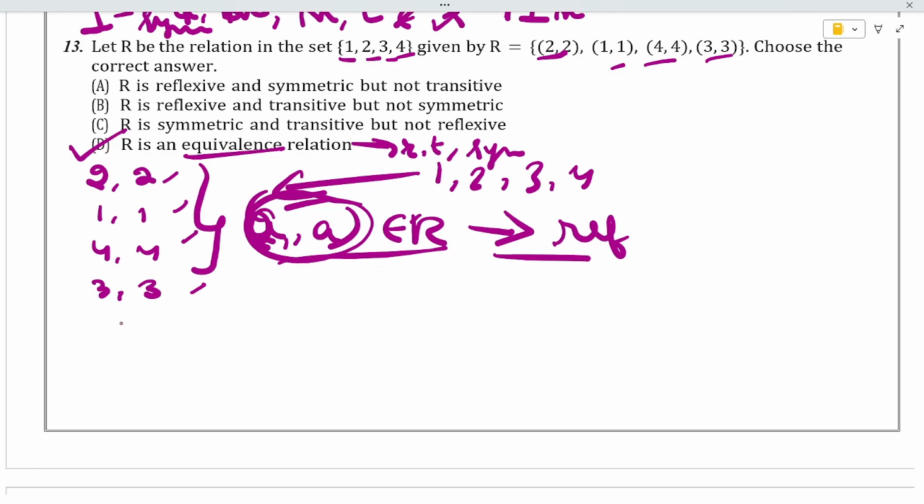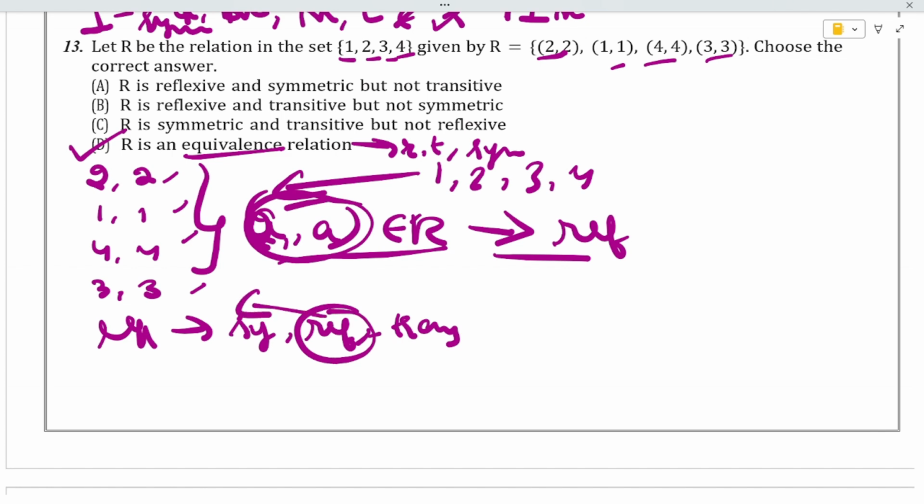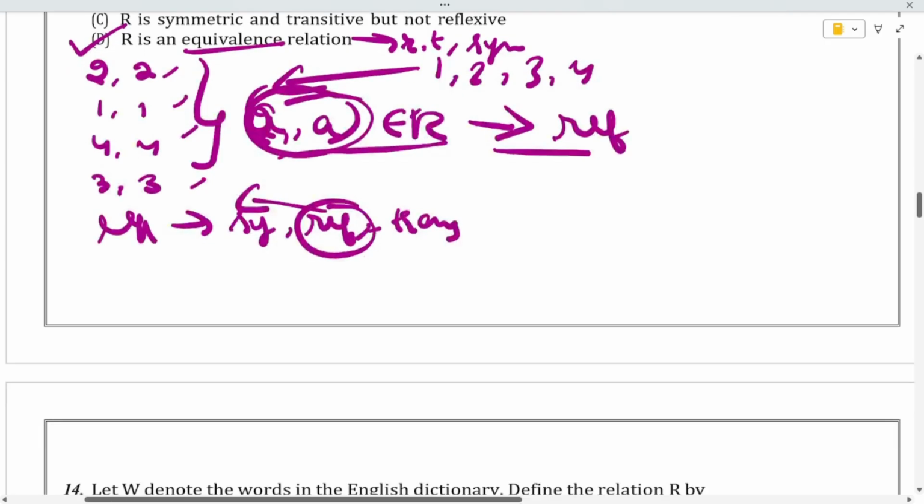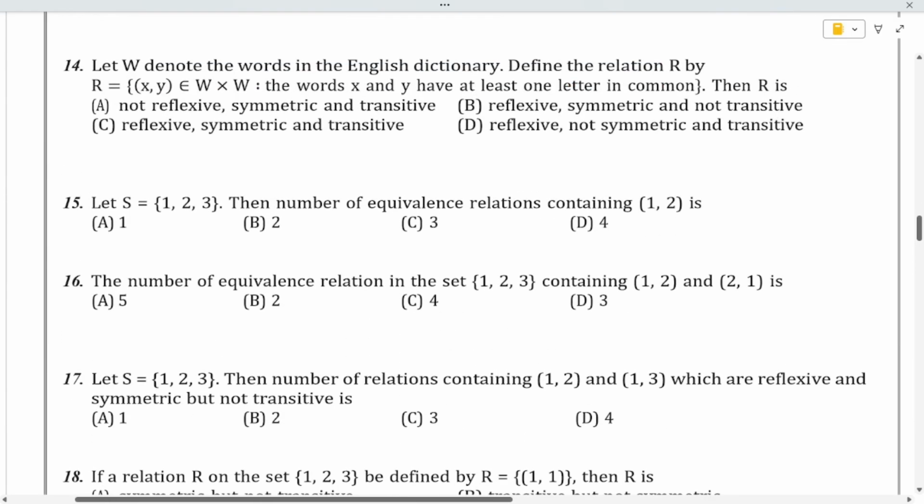I hope you understood. Equivalence means symmetric, reflexive and transitive, all three. As it is holding reflexive, you can observe that it is having all three.